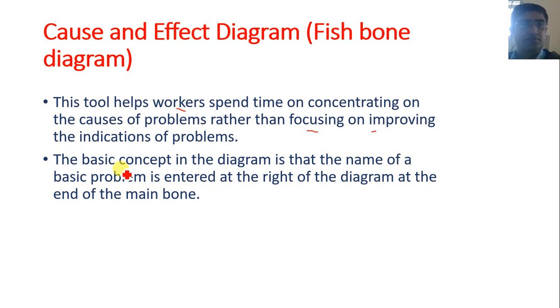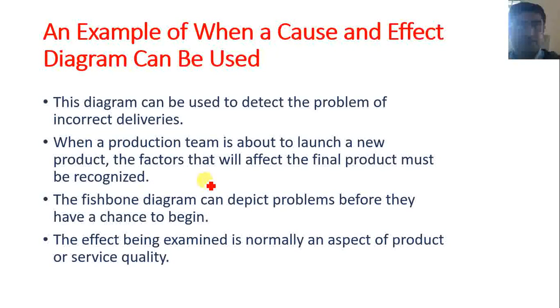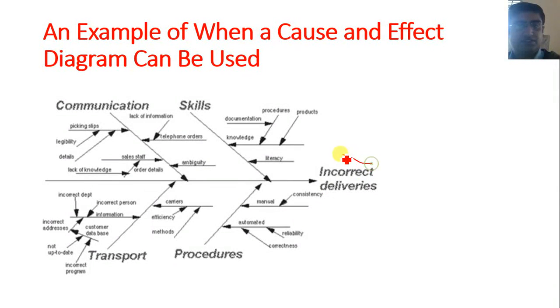The basic concept in the diagram is that the name of the basic problem is entered at the right of the diagram, at the end of the main bone. Here in the fishbone diagram shown, the main problem is incorrect deliveries, which is placed at the right end of the diagram.